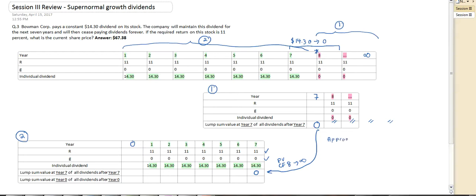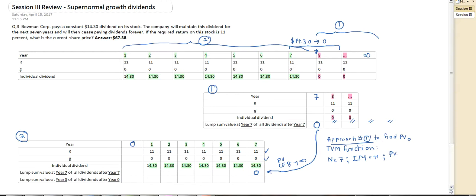Approach 1, to find PV0, we use the TVM function. You have N, which is 7, and you have I/Y, which is 11. Everything here is annual, so you can simply use 11, you don't have to convert anything.